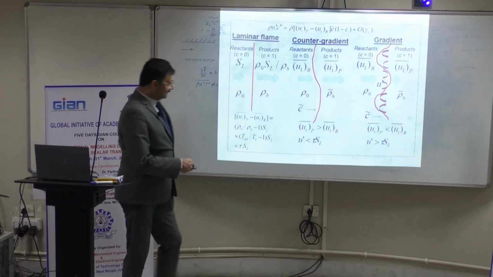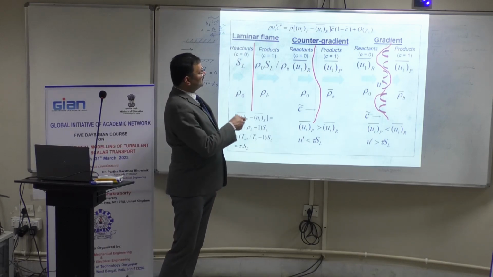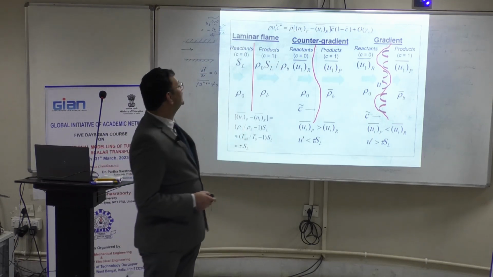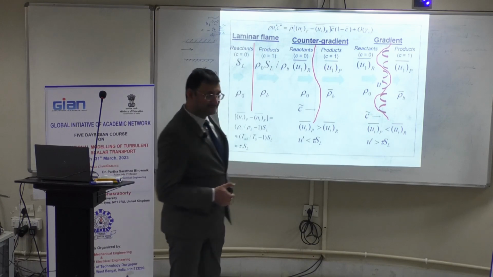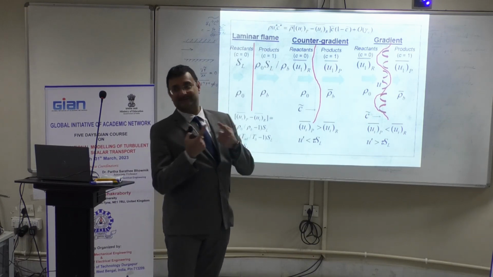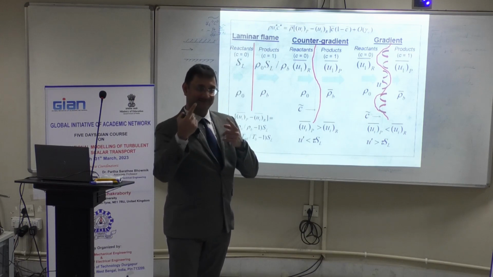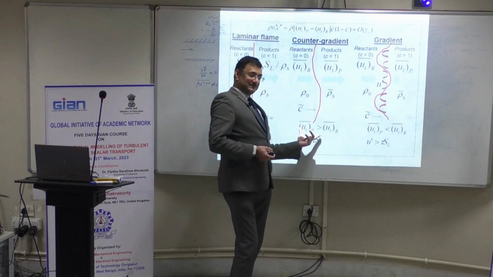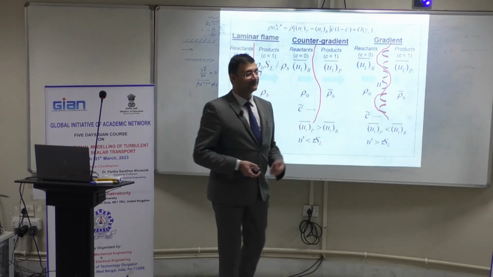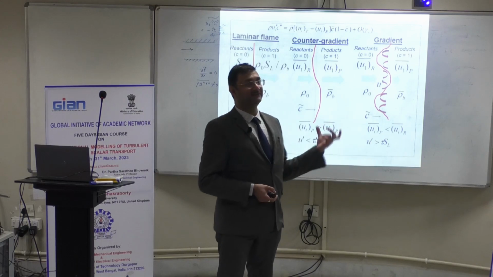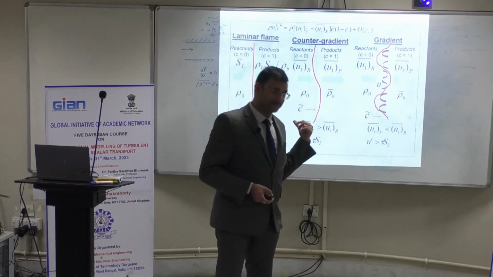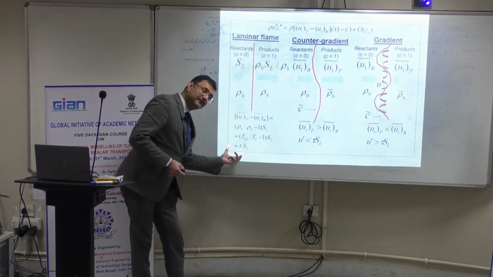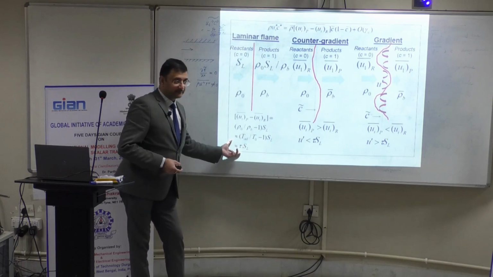So effectively, this term in the square bracket is known as the slip velocity, because it's the velocity difference between the product and the reactants. If the slip velocity is positive, then you get counter gradient transport. If the slip velocity is negative, you get gradient type of transport. What really happens, we have already found out, this is the typical velocity jump in a laminar flame.